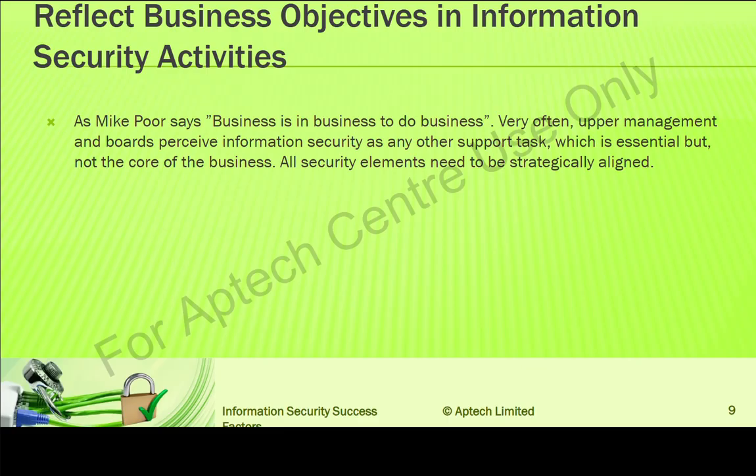All security elements need to be strategically aligned with the business. It's the business operation that brings in the profit, that brings in the money for maintenance of the security of the business. You have to focus on the business, and the security design and security control have to strategically align with the business operations.